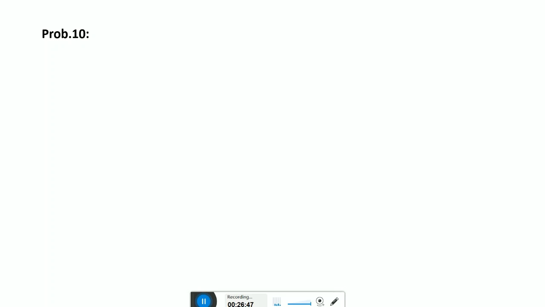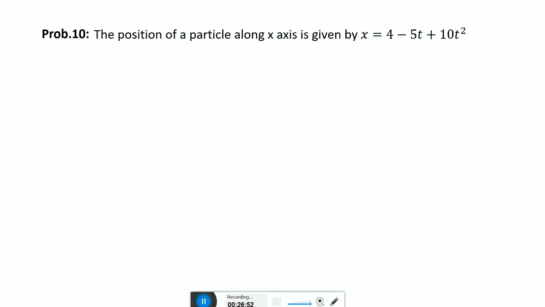Problem number 10. The position of a particle along x-axis is given by x is equal to 4 minus 5t plus 10t square.